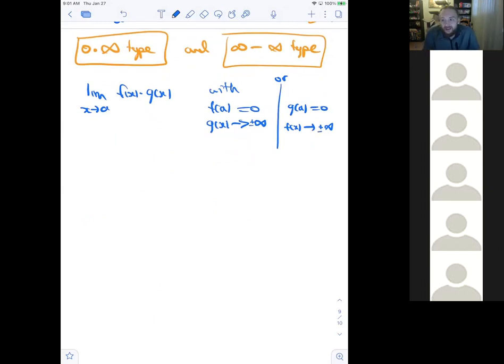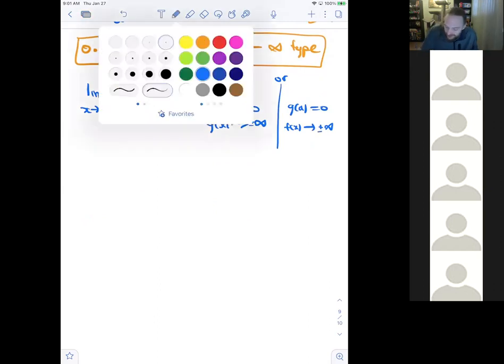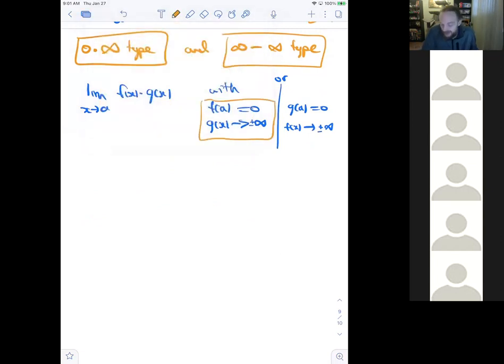So one of them goes to 0 and one of them goes to infinity. Without loss of generality, we just assume this case, then we have two cases.